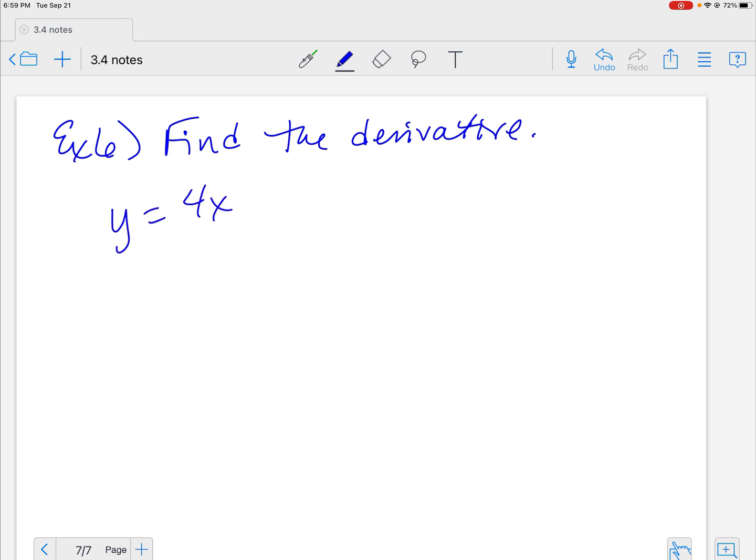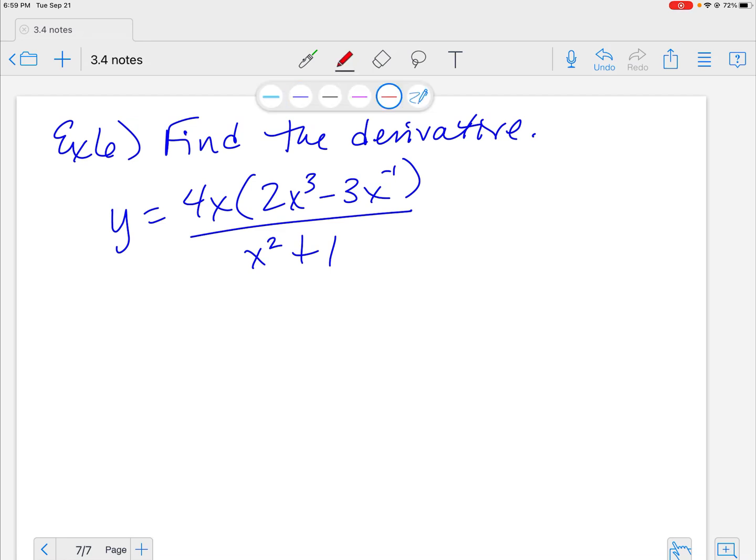y is equal to 4x times (2x³ − 3x^(−1)) all over x² + 1. Now, I'm not going to try to be doing some product rule within a quotient rule. That's crazy talk. You got a monomial in front. Take care of business.